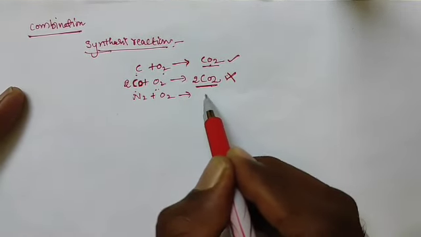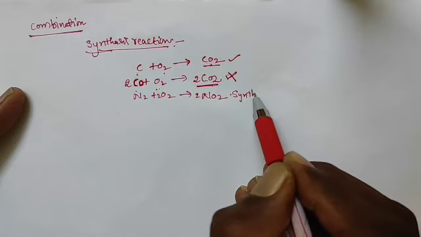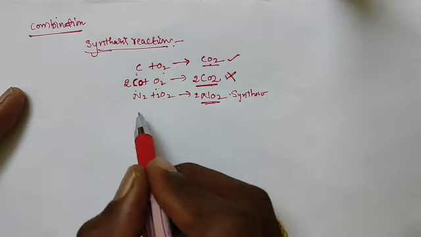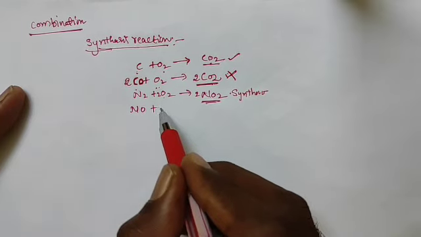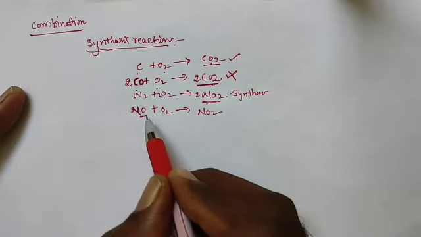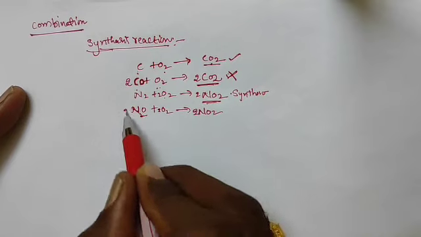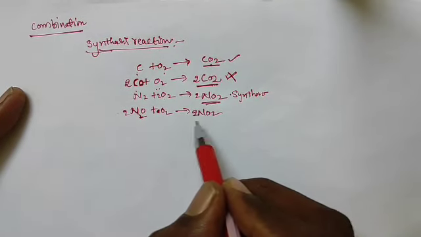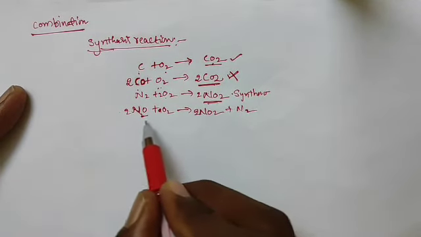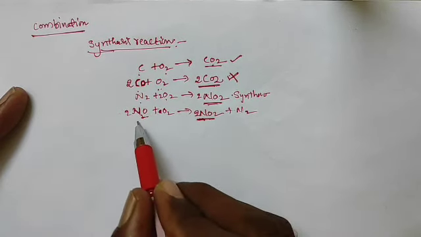N2 plus O2 gives 2NO2. This is also a synthesis reaction, because the constituent elements of NO2 are oxygen and nitrogen, and it forms from those. But NO plus O2 gives NO2 is different. Here the product is NO2, but it does not come from N2 and O2 directly.